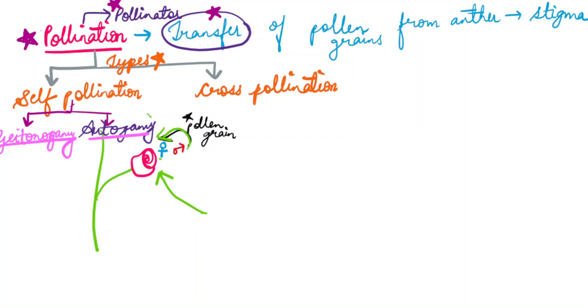So this is autogamy. But suppose there is another flower, if I draw one more flower here.